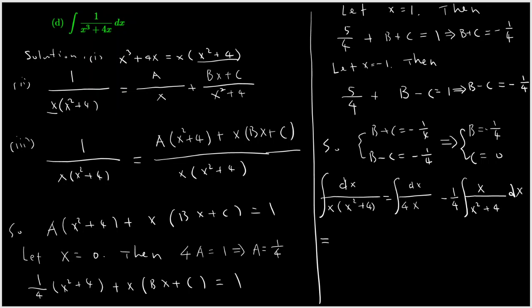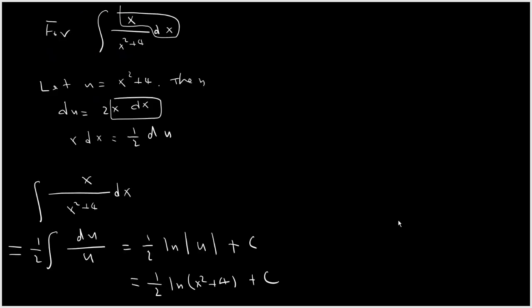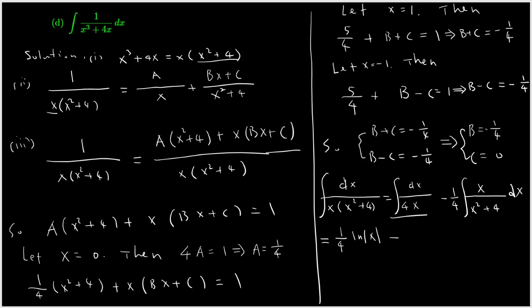I think I told you before, it's actually 1/4 of natural log of absolute value of x. I'm talking about that term. Now the integral of the second term is negative 1/4 of the integral we just did. You combine the two factors 1/4 and 1/2, you have 1/8.